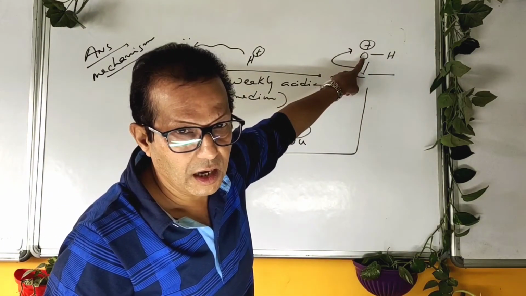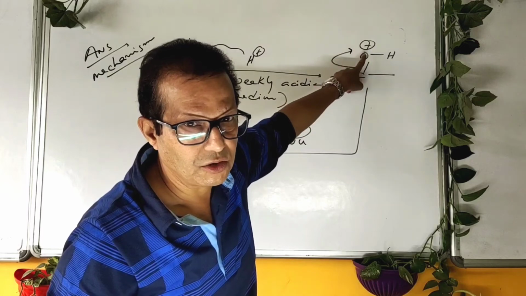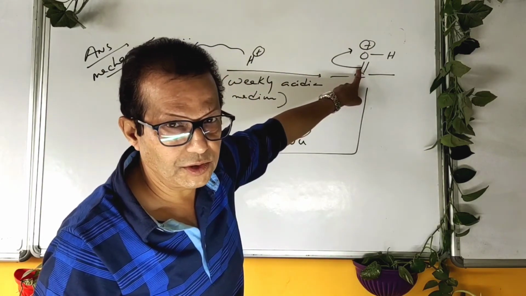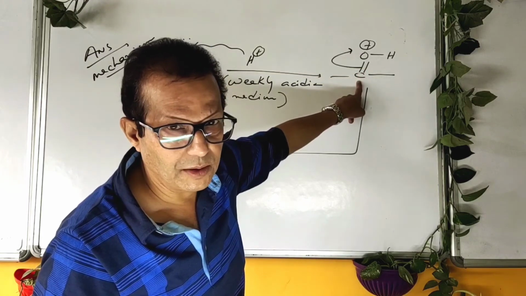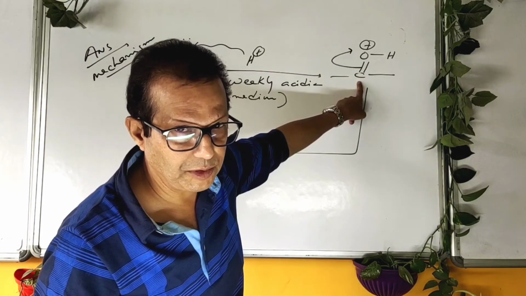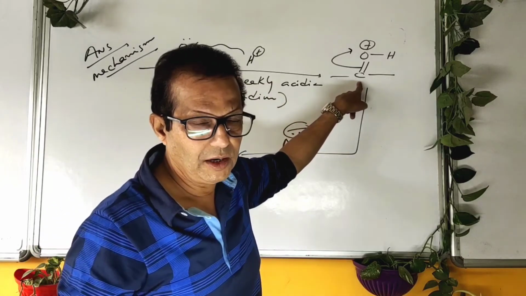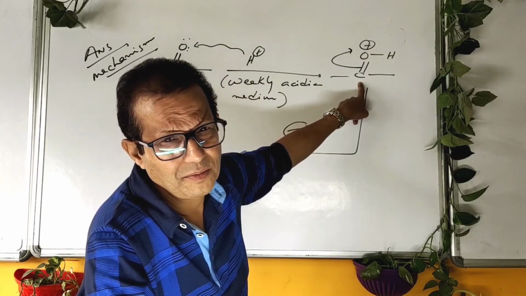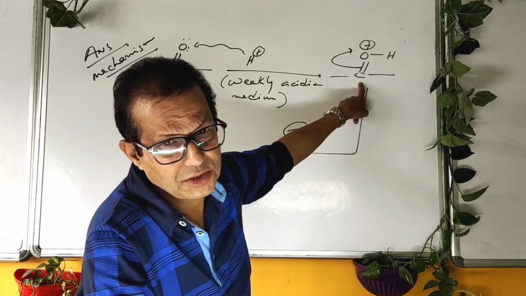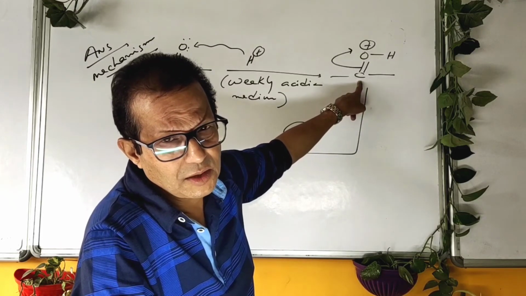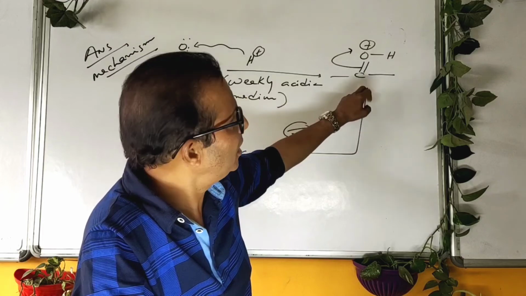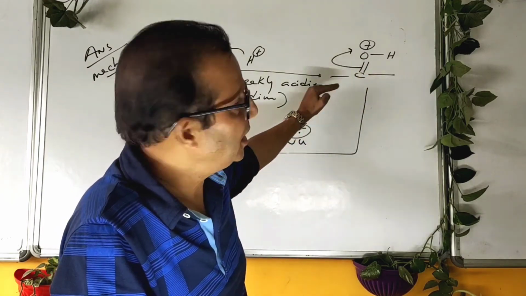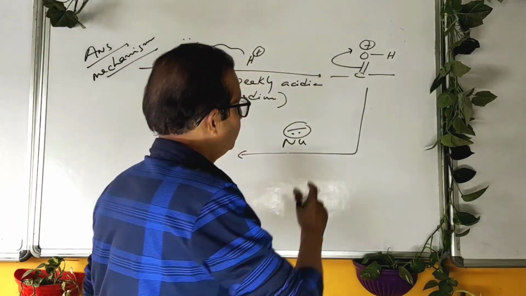As soon as the positively charged oxygen atom attracts the pi bond, carbon becomes positively charged, because removal of electron from any element makes it positive. As the carbon becomes positively charged, I have not mentioned it here, just imagine, the nucleophile gets attached to the carbonyl carbon.